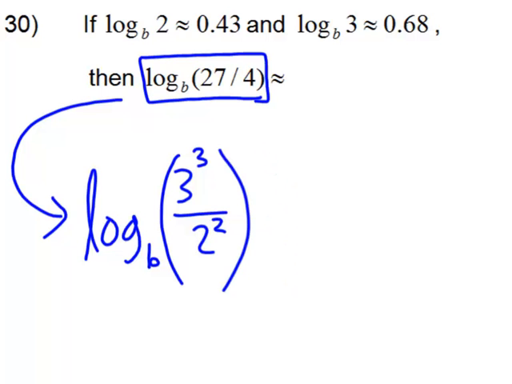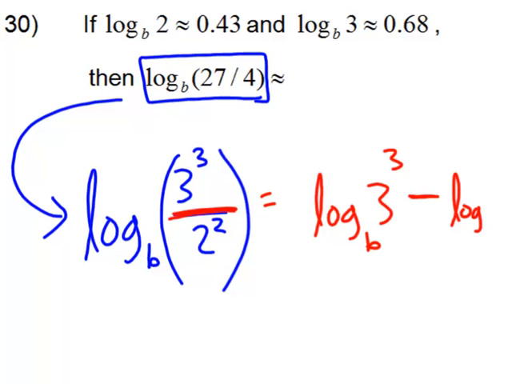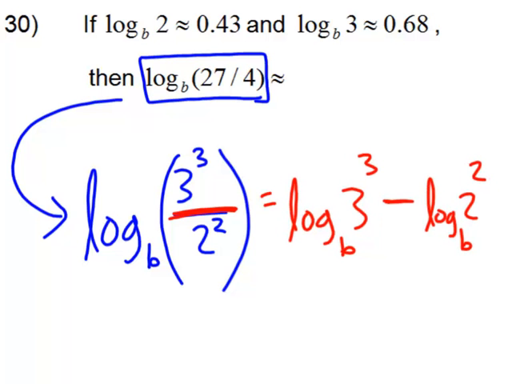And let's now use our quotient property. We see a quotient going on here. We see some division. So we know that's going to give us log base b of 3 cubed minus, that division becomes subtraction, of log base b of 2 squared. And again, I emphasize that was called our quotient property.